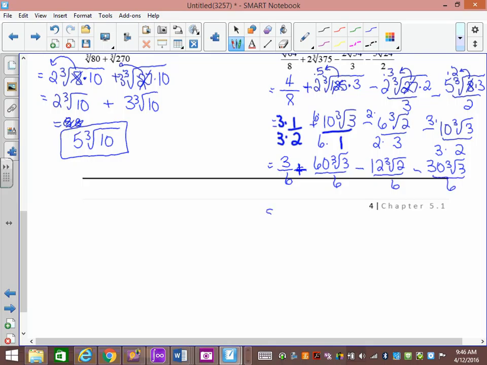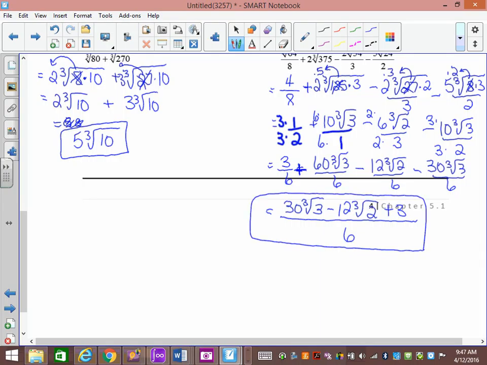And now you can write them all over 6 and just combine the ones with the same radicands. So I would get 60 cube root 3 minus 30 cube root 3 is 30 cube root 3. Nothing matches this one, so minus 12 cube root 2. And nothing matches that one, so plus 3.